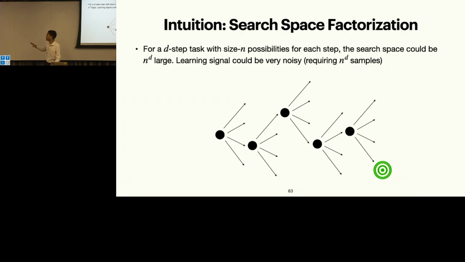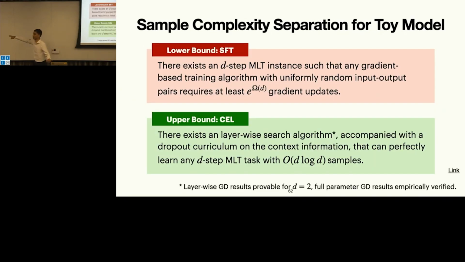Oh yeah, this is the main theoretical statement. We created a toy model. We didn't look at transformers. We created a very toy linear model that replicated the behavior of the trained transformer. And on this linear model, we showed that some sort of layer-wise gradient descent can require d log d sample complexity to learn this task and not depend on the context information.